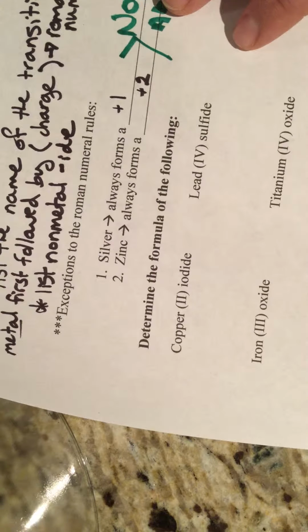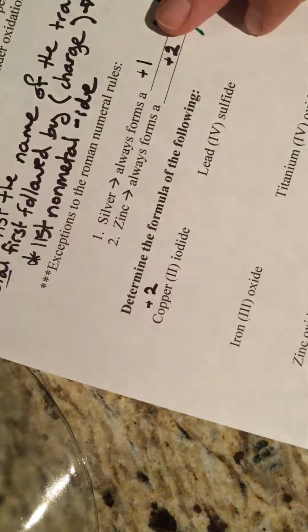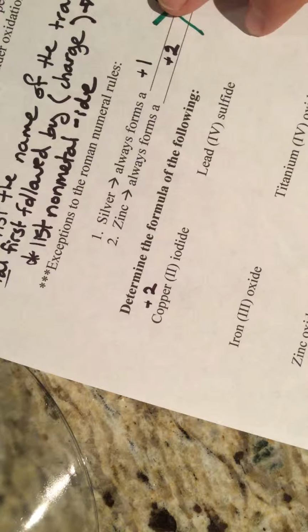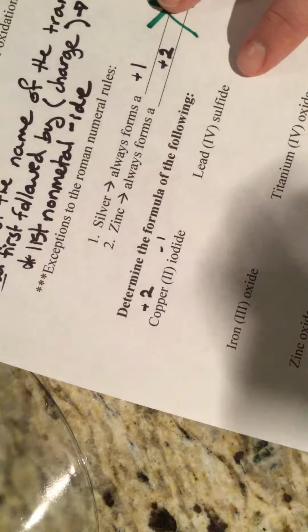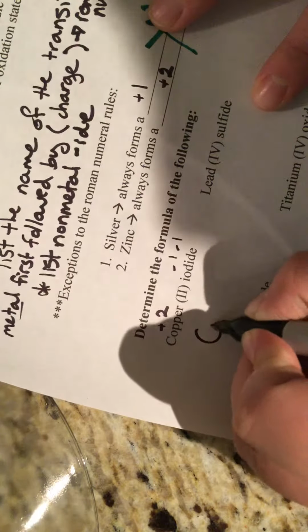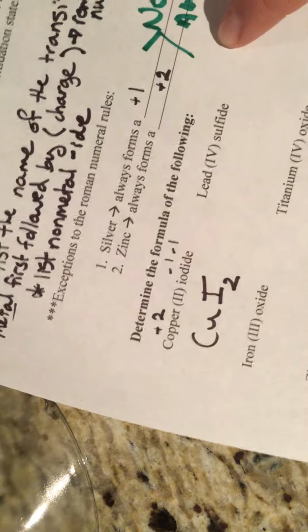It's the charge, and it is always positive. It always goes to the element to the left. So copper's going to take a +2, iodine's a -1. Make the charge 0: we've got +2, -1, so we're only at a +1, so we have to add one more negative: CuI2.